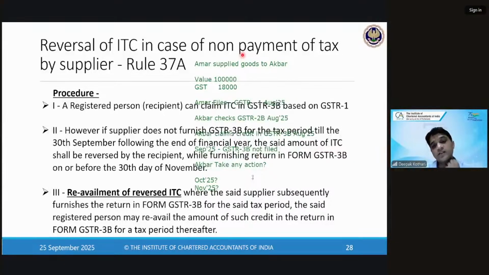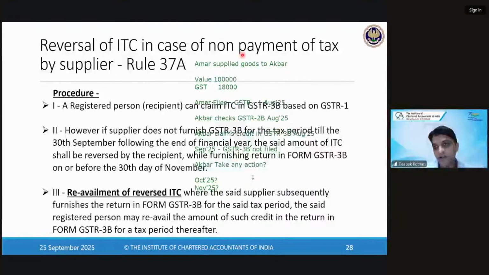Penalty will be levied if not reversed. Not reversed by when? How will Akbar know if Amar has filed? You have a provision in the GSTR 2A to check whether the supplier has filed the return or not.